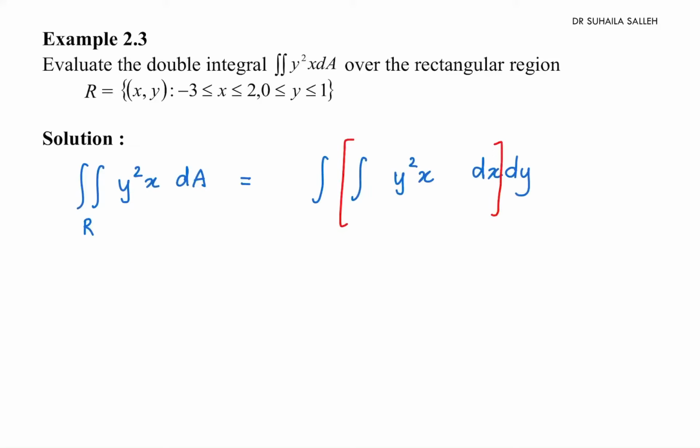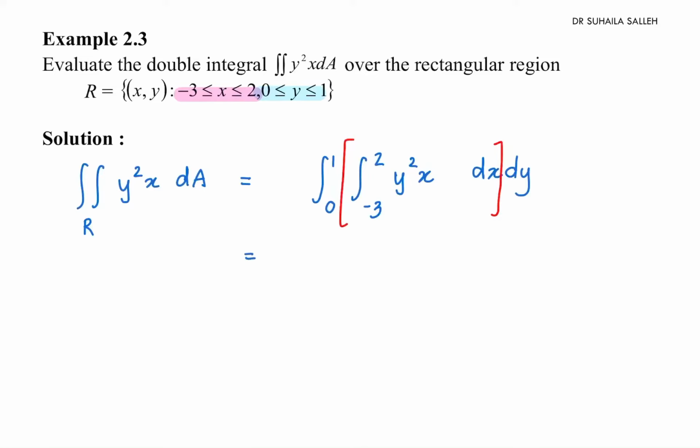So that will be the limits of the inner integral, that will be the values of x. Now x is between -3 and 2. For the outer limit, for y, y is between 0 and 1.